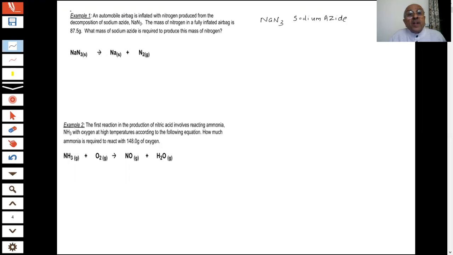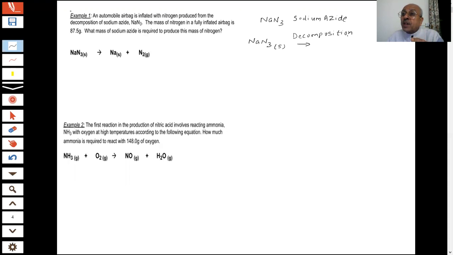And on decomposition, students, what is happening? This compound NaN3 is a solid. On decomposition, it decomposes. I told you about the types of reactions, in which I said decomposition reaction.